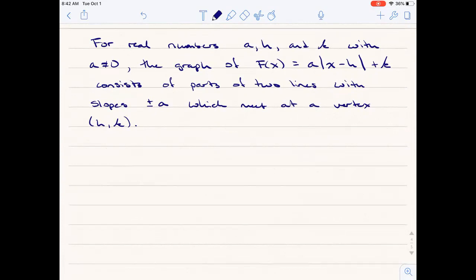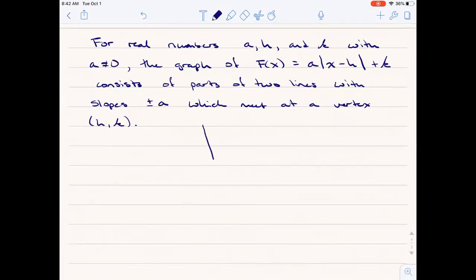So the vertex is the point of the V. I'll draw it out here shortly. Actually, I'll do it right now. Let's say you've got some XY graph here. Then we can draw the absolute value of x. And here is the vertex.